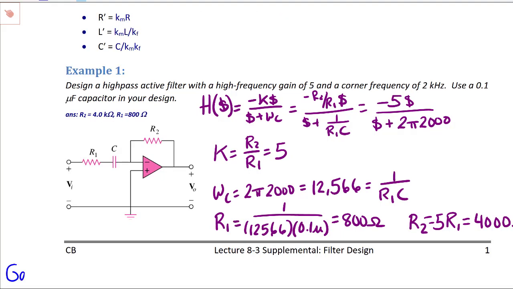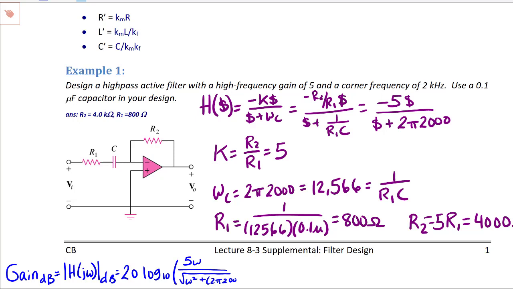The gain in decibels, or the magnitude of H of j omega in decibels, is equal to 20 log base 10 of 5 omega over the square root of omega squared plus 2 pi 2000 squared.